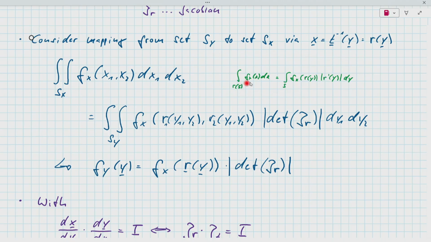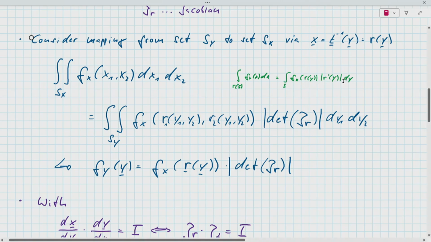When we want to calculate Fy of y, then we usually integrate over the wrong domain: when we plug in the original domain S into the reverse mapping, so we have R of S, and then we integrate over f of x dx, the x density. But what we want is to integrate over the original domain for y, and then we have to do this change of variables. Perhaps you remember that.